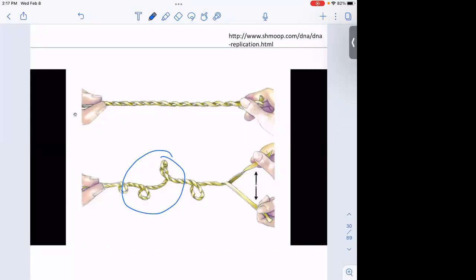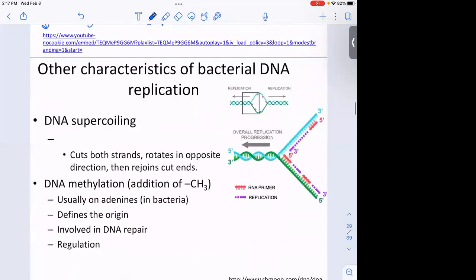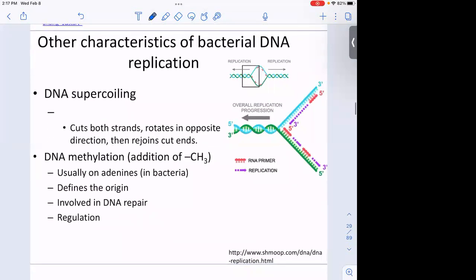Well, this can happen in DNA replication as well. So an enzyme basically has to go in and make cuts here, unwind the DNA, and seal it back up again. Okay, so that enzyme is called DNA gyrase. That is an enzyme that's unique to prokaryotes. We have enzymes that do that too. They call them different things. They're slightly different.